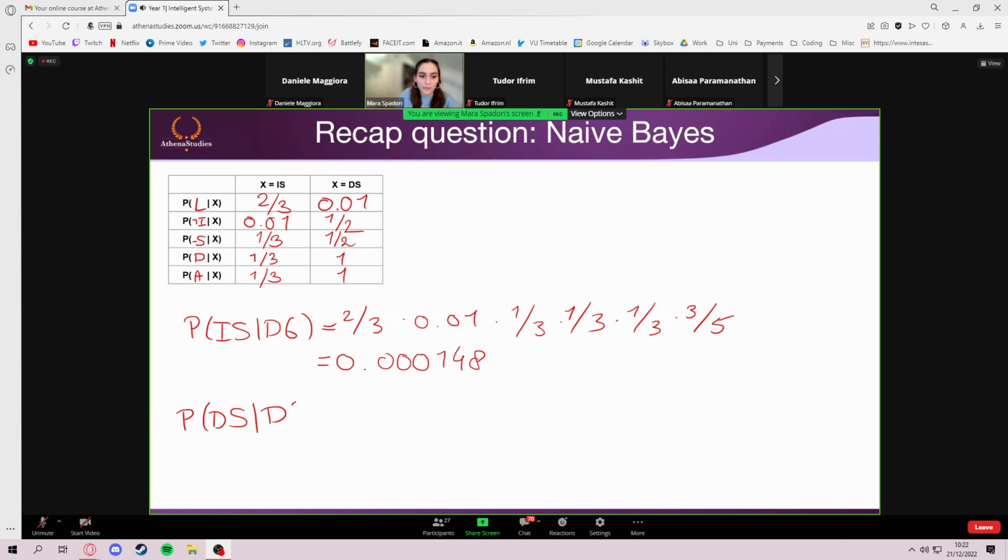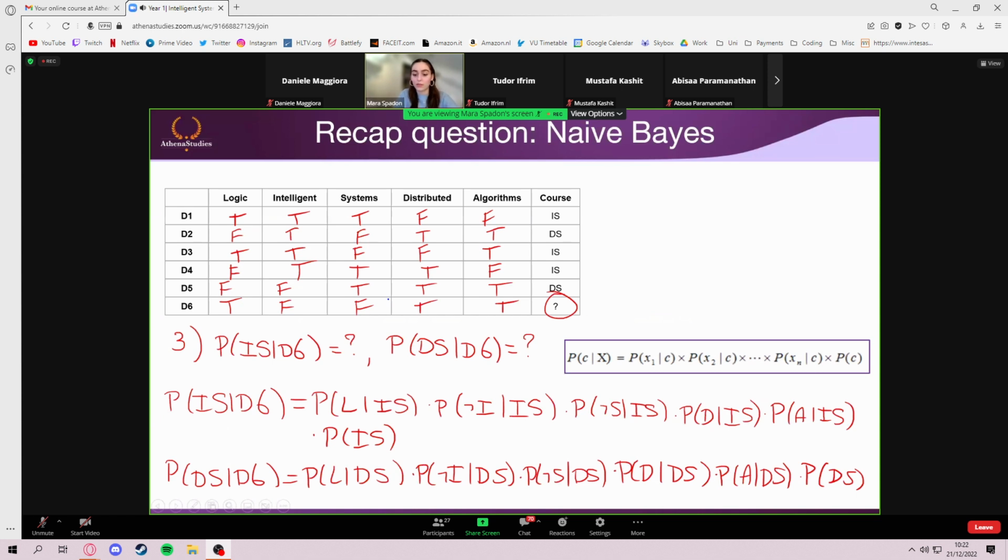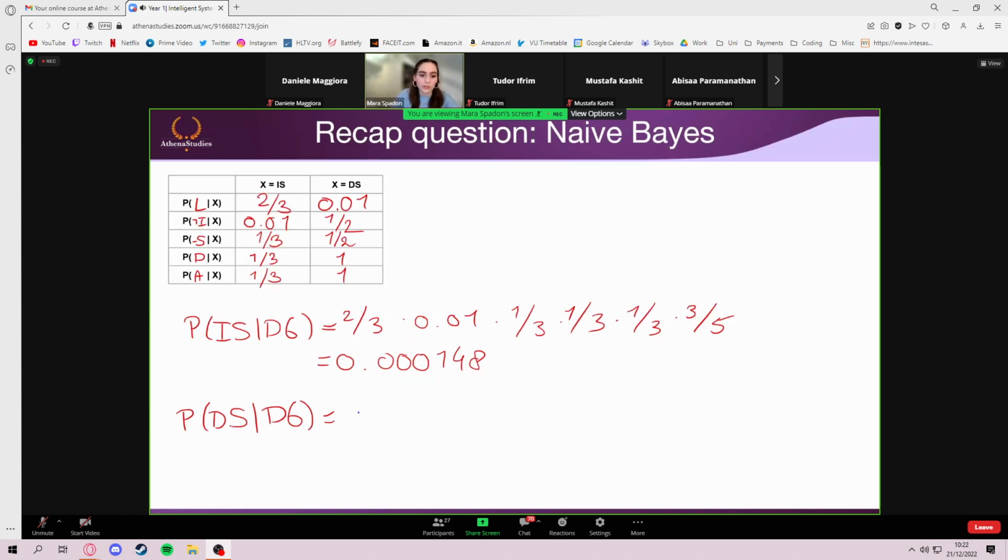Okay, let's do the same for the DS course. We're basically just filling in the values from our table here, because those are the probabilities that we just defined in the formula. So we take 0.01 times half times half times 1 times 1, and do not forget, times the probability of DS. So what is that in our case here?